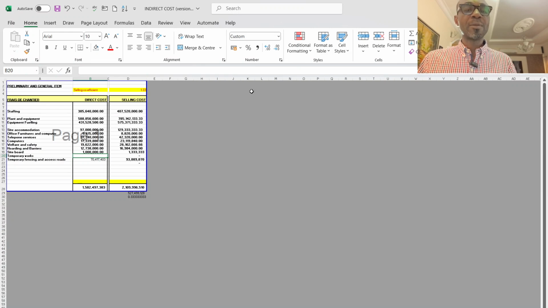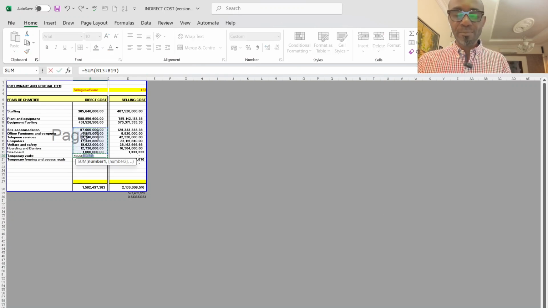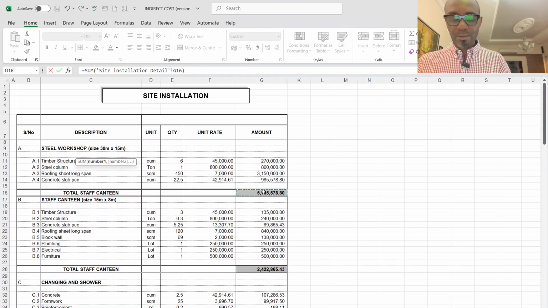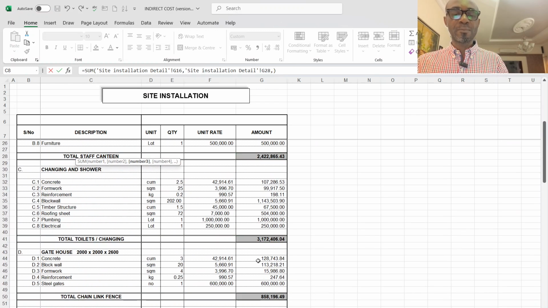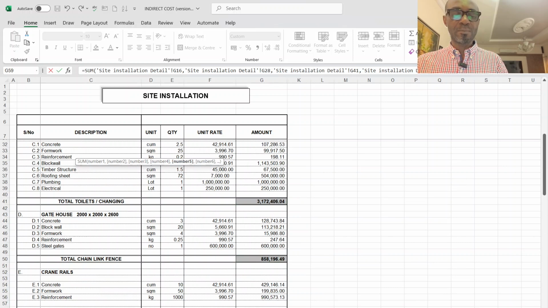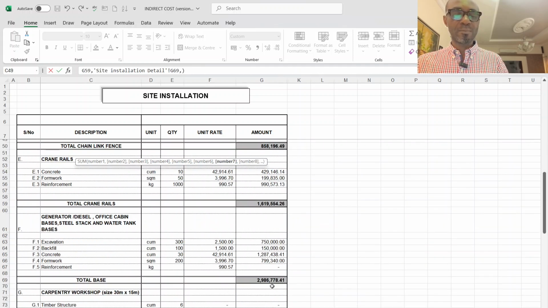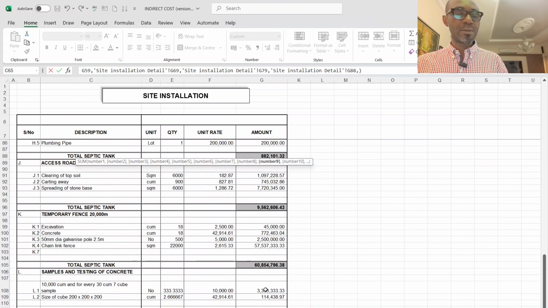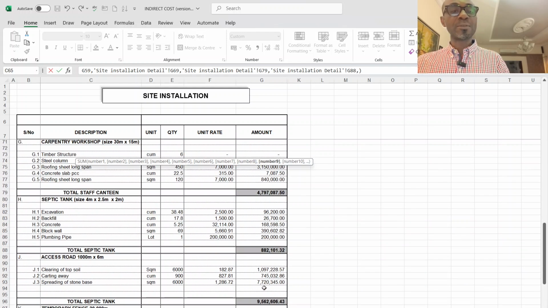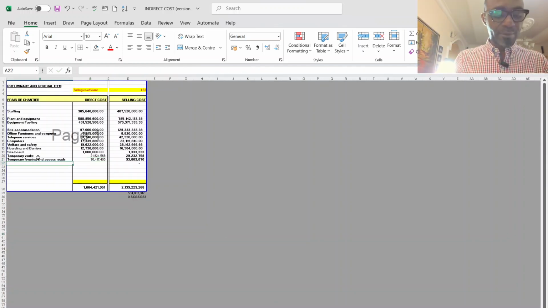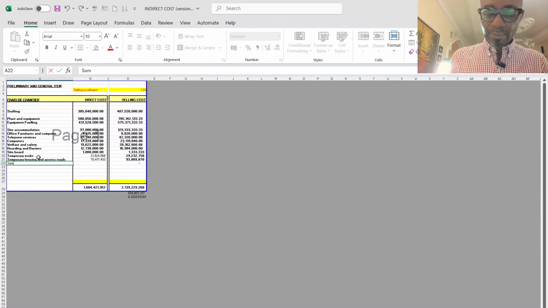I go this way to be faster. Injury workshop, safety tank, and I think that is all. Then I get to this area, I put a sample and testing.